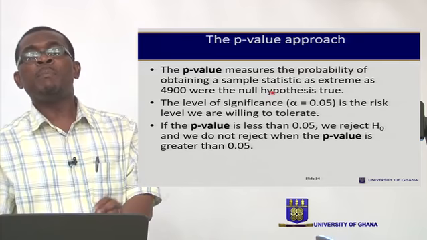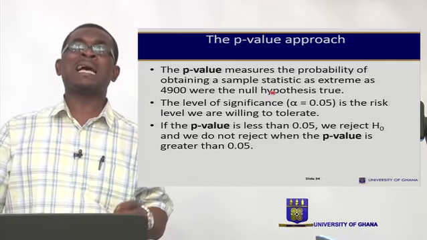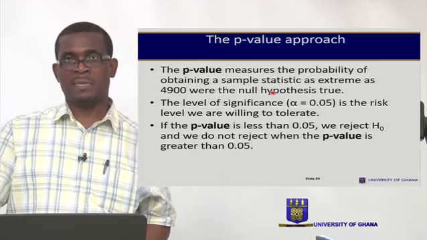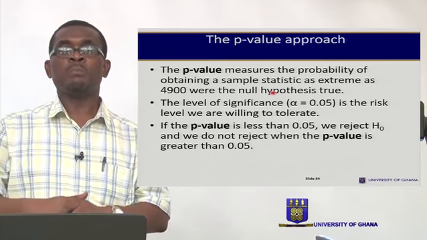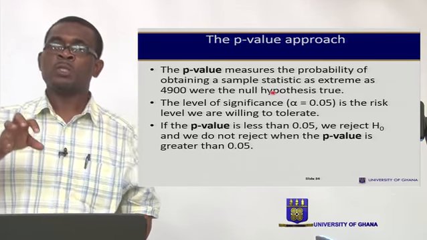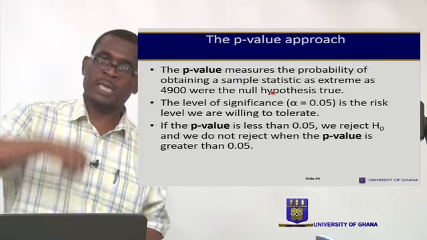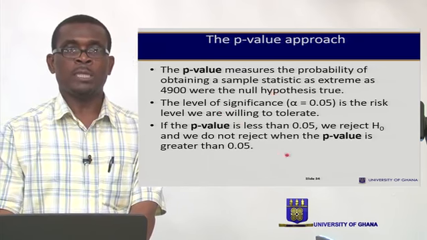Now, the probability value is so small that it is telling us that it is highly unlikely that the sample mean will be 4,900 where the null hypothesis is true. So for this reason, we have to reject the null hypothesis. And that's exactly what we did.